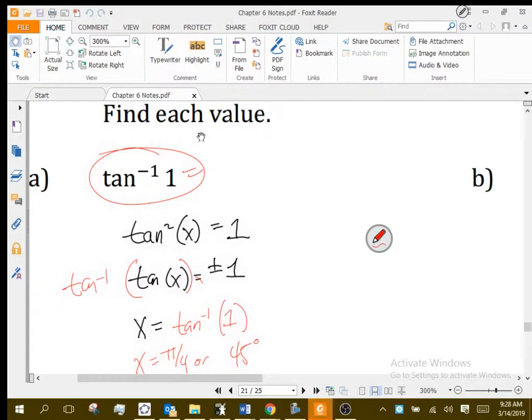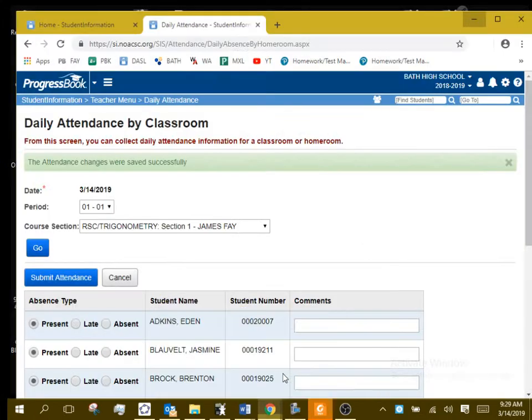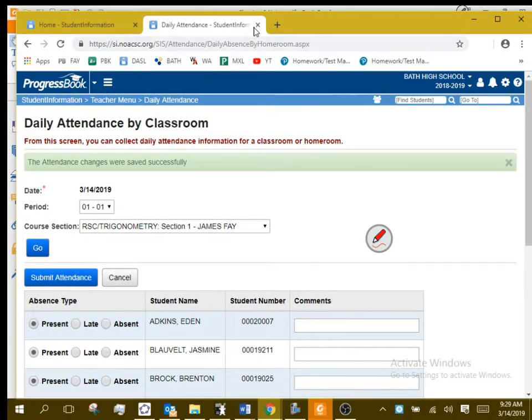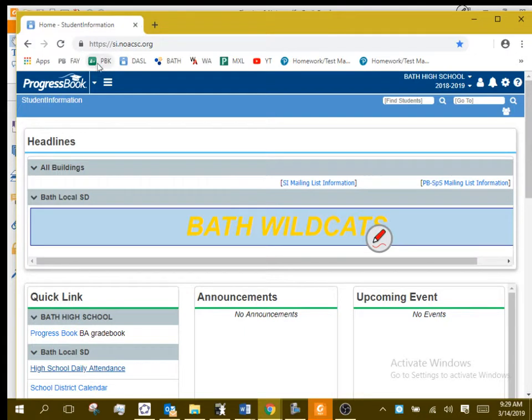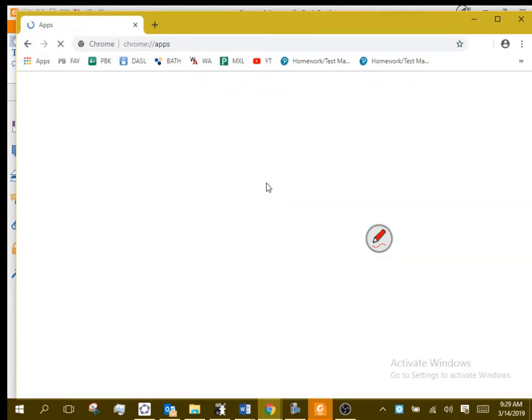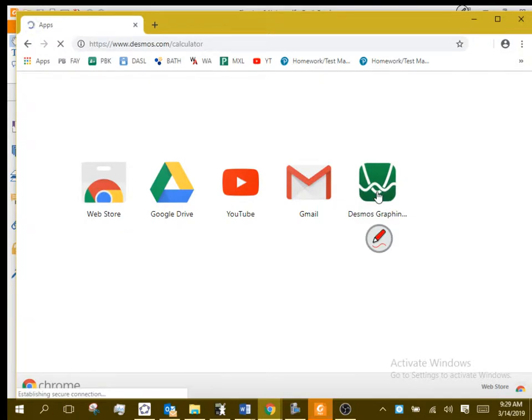If I type in tangent inverse on my calculator, now make sure you're in a mode that you are comfortable with. So let me open Desmos.